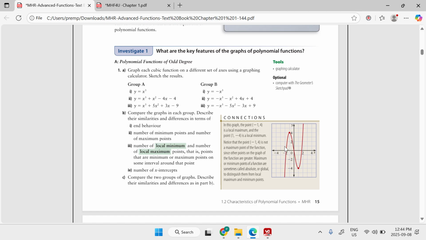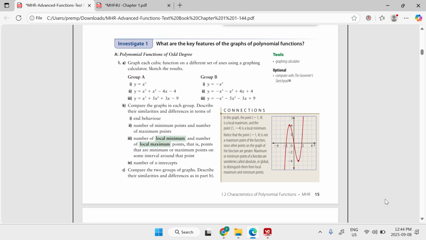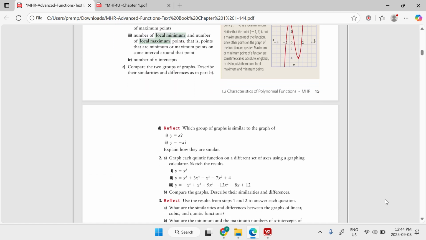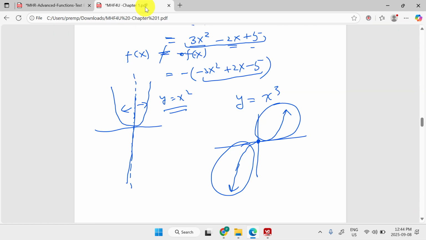Local maximum means the maximum value in a certain interval. And then we also have the terms absolute minimum and absolute maximum. Absolute minimum means the minimum value a polynomial function can have, and absolute maximum means the maximum value it can attain.